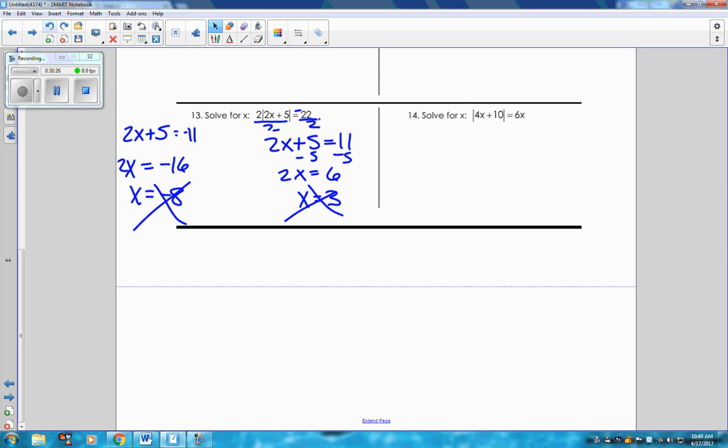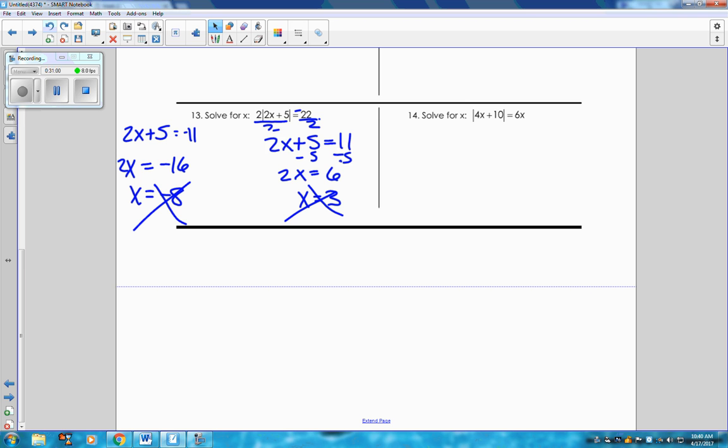Okay, so I took my negative 8 and I plugged it in for x. So 2 times negative 8 is negative 16. Negative 16 plus 5 is negative 11. The absolute value of negative 11 is 11. So this is 11 so far. 11 times 2 is 22.